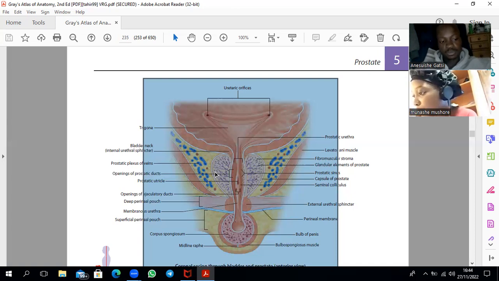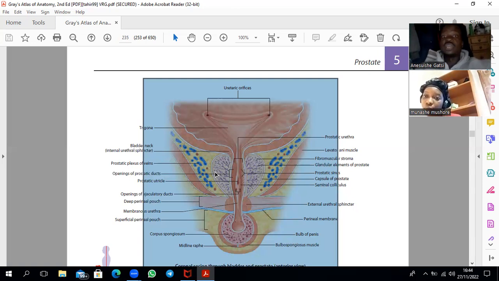Semen, 30% is from the prostate. 70% is from the seminal vesicle.